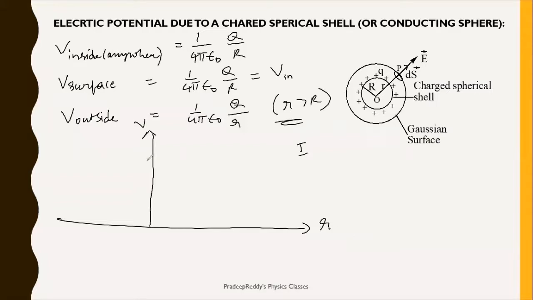Now potential at the center is also the same value. So that value I'll be writing as K capital Q divided by capital R. That is fixed. Till where it is fixed? Till radius capital R it is fixed. So potential is constant inside the material till it reaches capital R value.